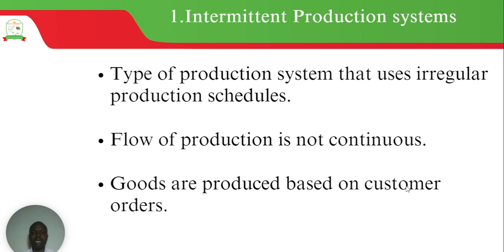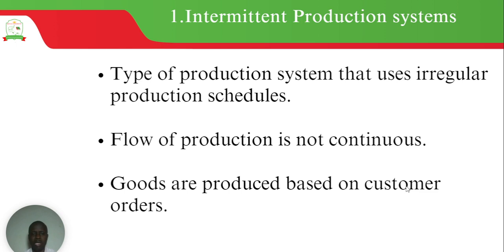When you talk about intermittent production systems, we are saying this kind of production system will have an irregular production schedule. We can have organizations that are not continuously in production. So what they have is an irregular production schedule. And another thing that we have to learn in this kind of a production system is that the flow of production is not continuous.